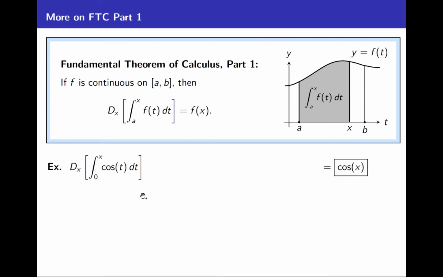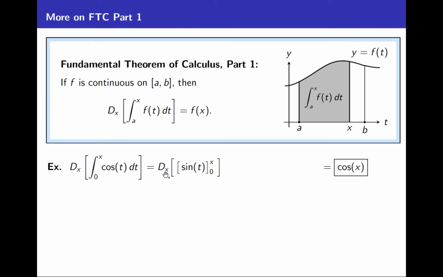I want to point out here, however, that there's an alternate way to do this particular problem, because if you just look at this definite integral right here, we can evaluate that with the Fundamental Theorem of Calculus Part 2. The definite integral from 0 to x of cosine t dt equals an antiderivative of cosine of t, which is sine of t, from 0 to x.